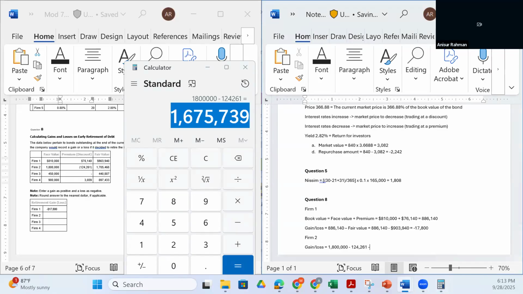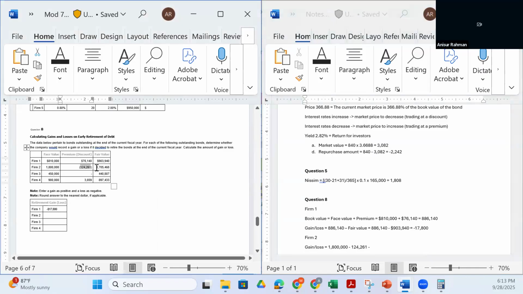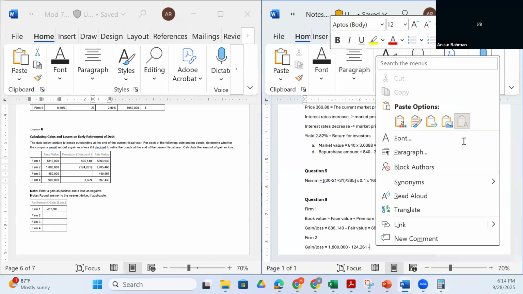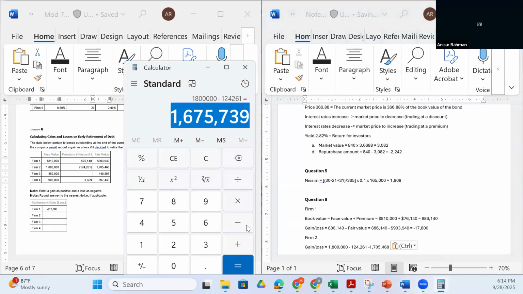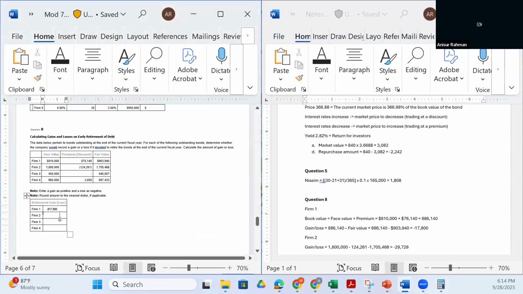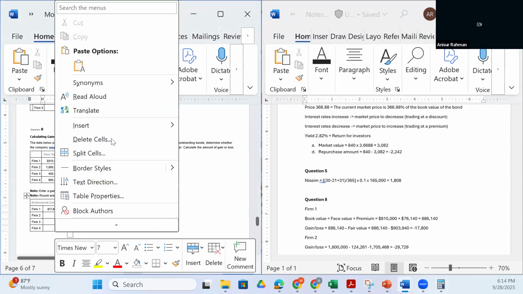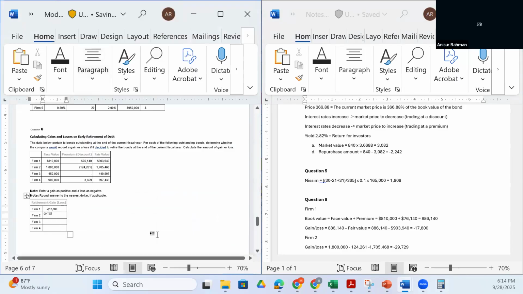We already calculated the book value, and then I'll just subtract the market value. So we again have a loss. Okay.